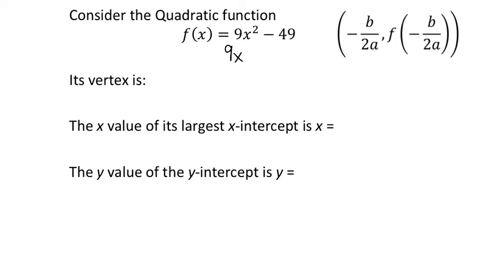This could be rewritten as 9x squared, and you can keep your minus 49 there, but the middle term would be a plus 0x. Again, this is just to have an a and a b value. Because I do want to find the x value, the x will be negative b over 2 times whatever the a value is. The b we see is that 0.